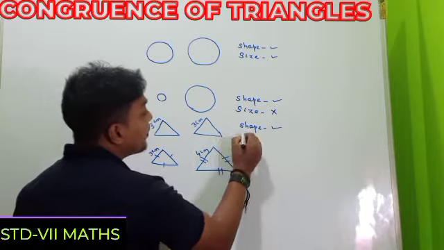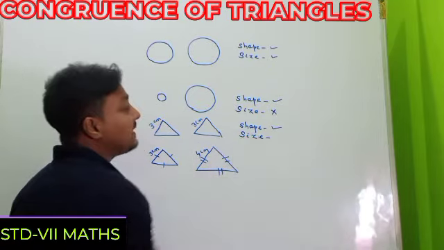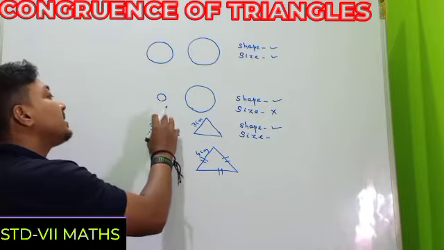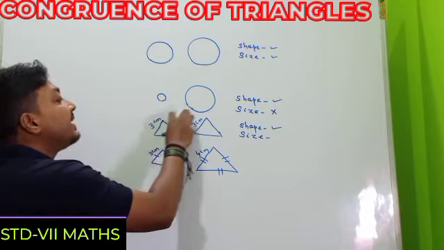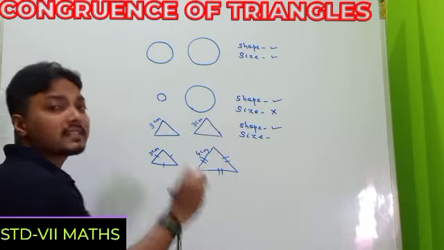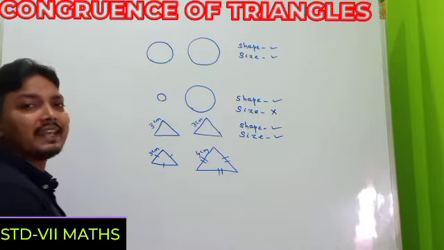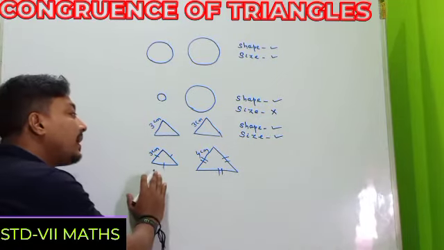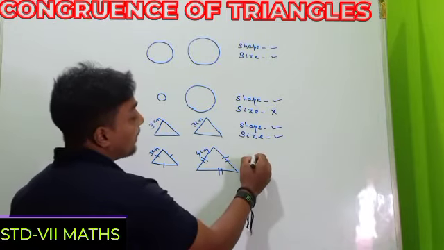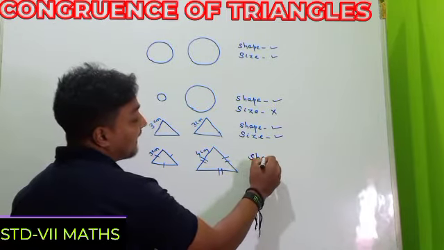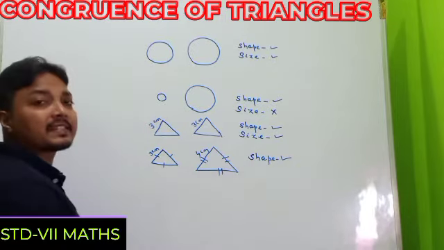When I talk about the size, everyone see, the size of this one is the same as the size of this one, so both figures have the same size. But here is another pair of triangles where both are equilateral triangles, so one can say both have the same shape.